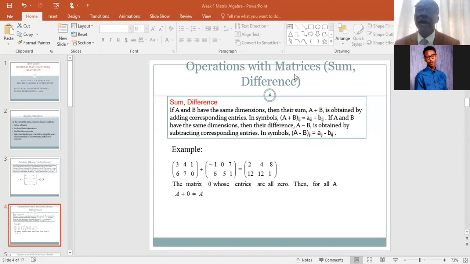Now, the structure of an identity matrix, just write a small note.